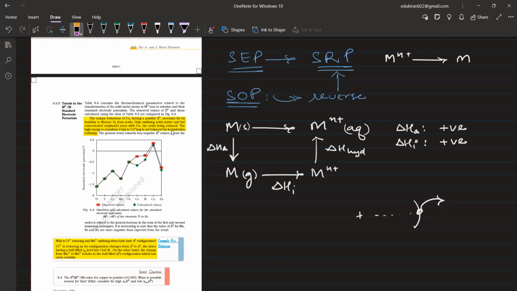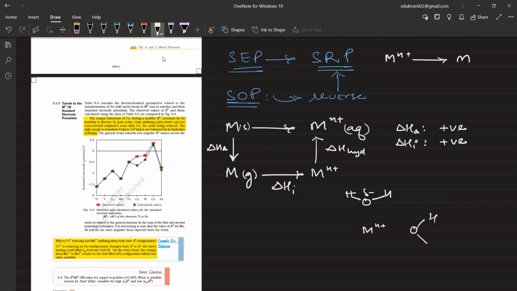Next thing is delta H hydration. What is delta H hydration? When you put Mn positive in water, oxygen atoms, which have higher electronegativity, get a delta negative charge.